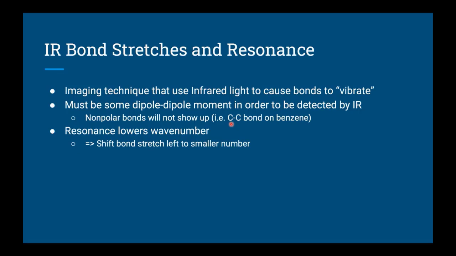You need to see some difference in electronegativity in order to see that vibration. And also something important to remember for resonance is that resonance lowers that wave number. It shifts the bond stretch right to a smaller number. I apologize for that typo.